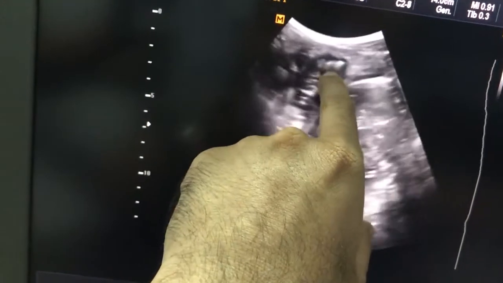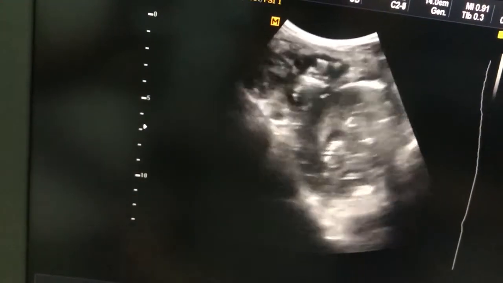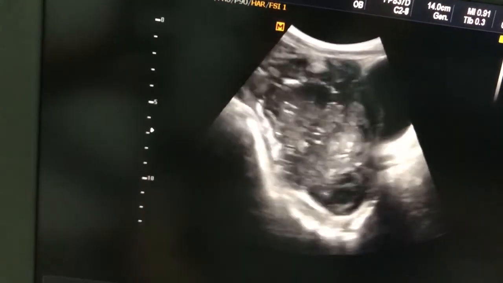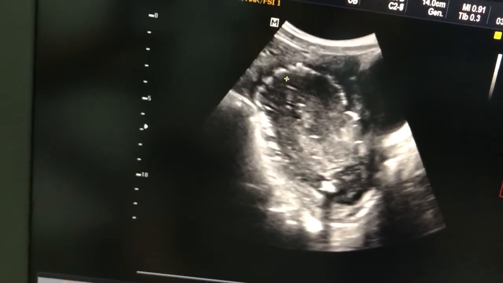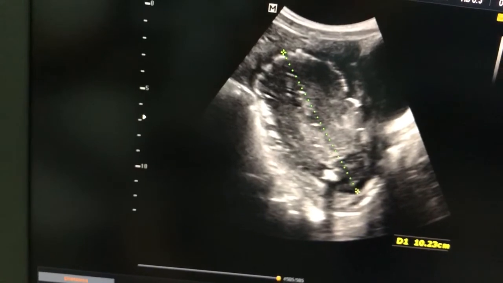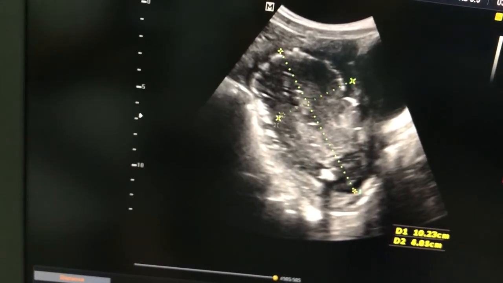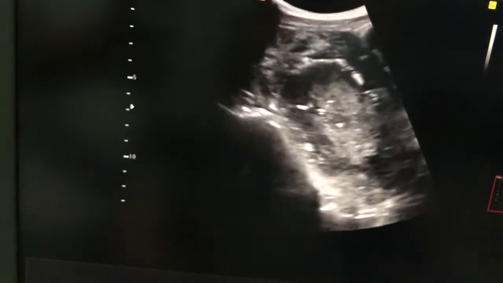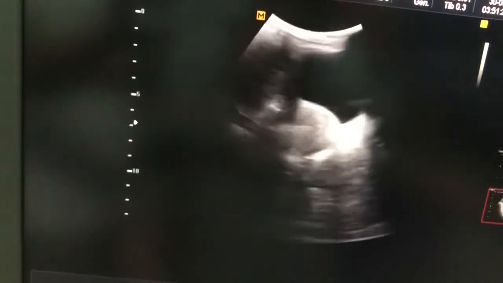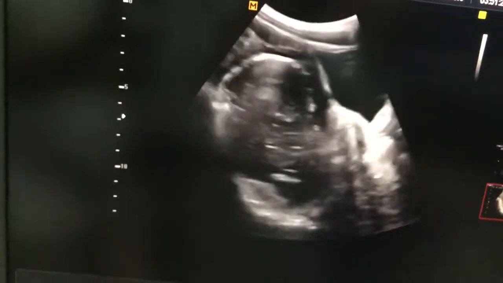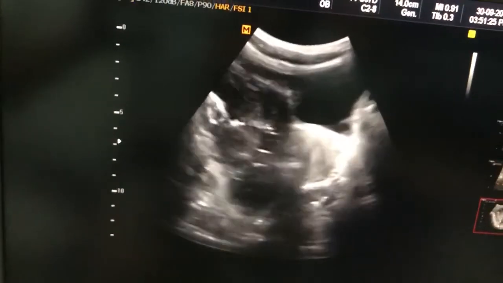Somewhere here is the appendix, and this is the mass, but it is a very big mass, and I don't think that it is some sort of collection, because it is measuring 10 centimeters by 6 centimeters, located posterior to the uterus, a little bit to the right side. This is the uterus.